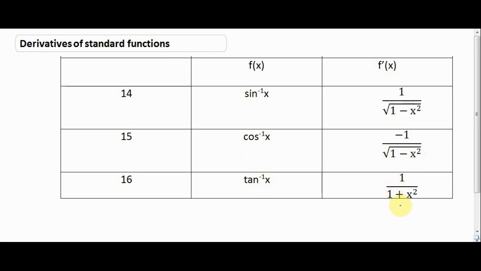Okay, so these 16 formulas are very fundamental equations in derivatives of standard functions. So please learn all these formulas by heart. Okay, now based on these formulas we will solve few practice problems.